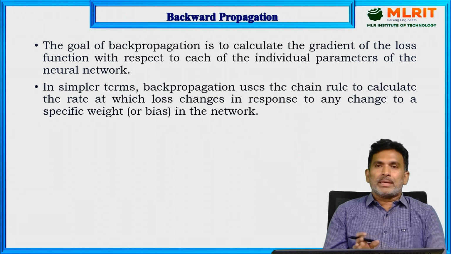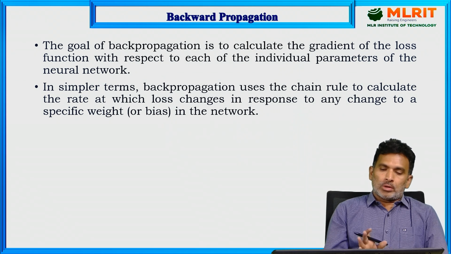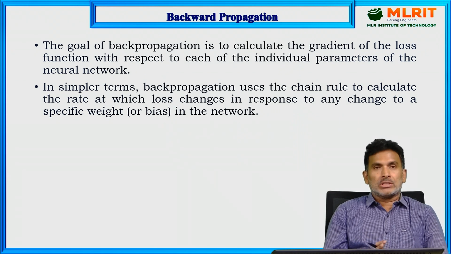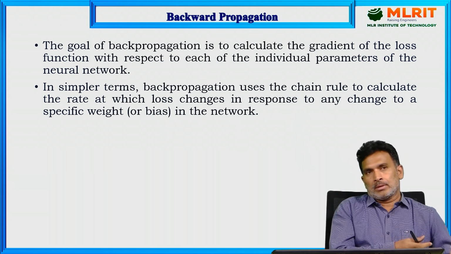So what is the main goal of back propagation? The goal of back propagation is mainly to calculate the gradient of the loss function. That is, what adjustments need to be done, right?